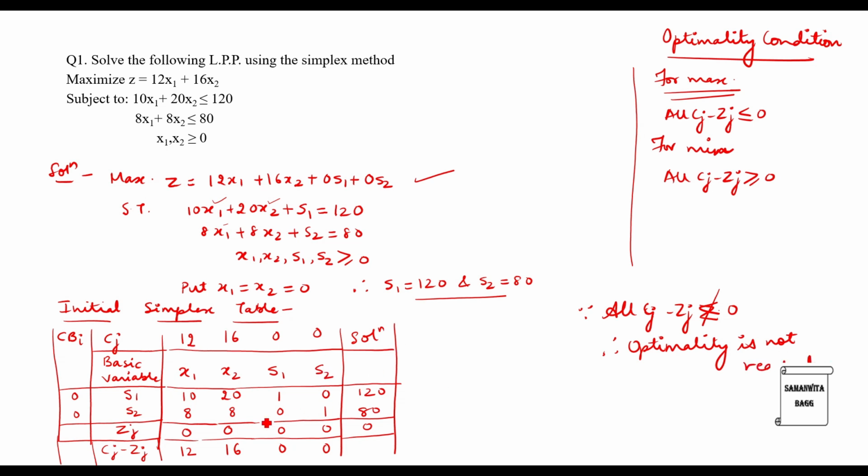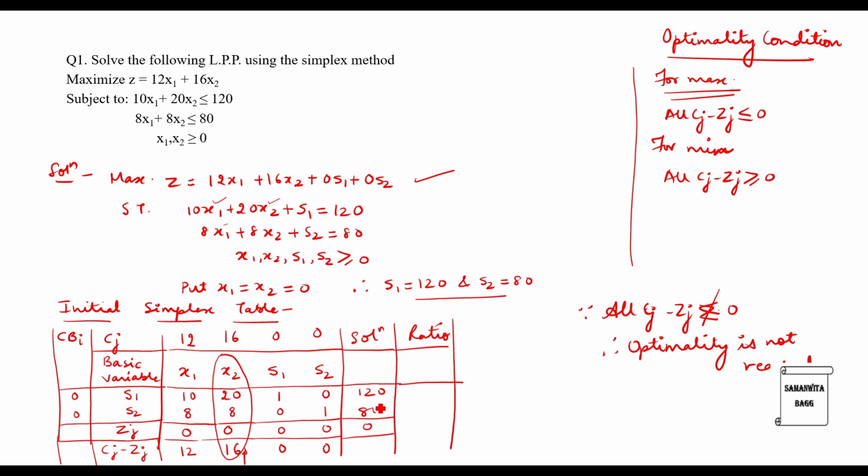So what do we do? We will have to figure out which value has led to the solution not being optimal. If you observe here, the highest positive value is 16. So this is the term which is now going to enter the solution, that is x2. So we will write here, this is the entering variable x2. Also, we will calculate one more column which is called the ratio.